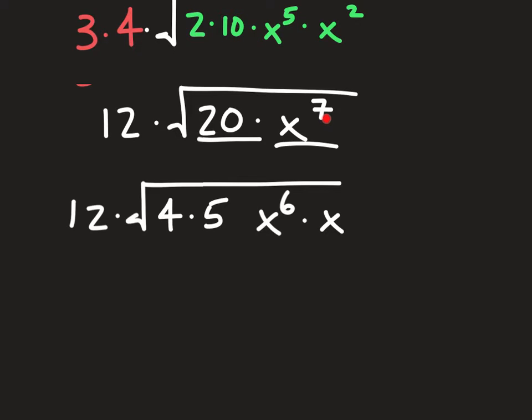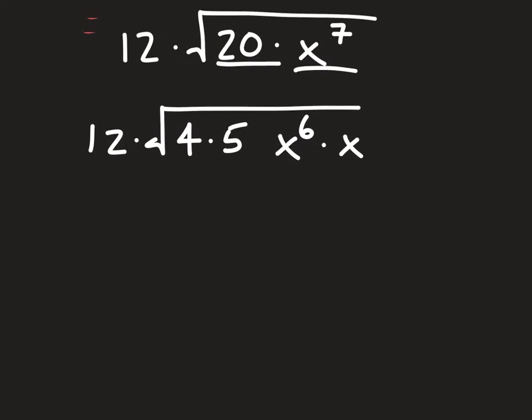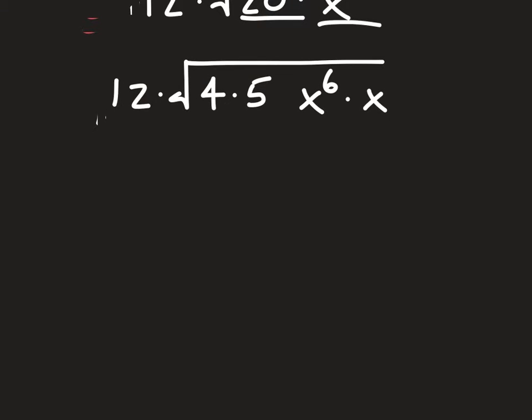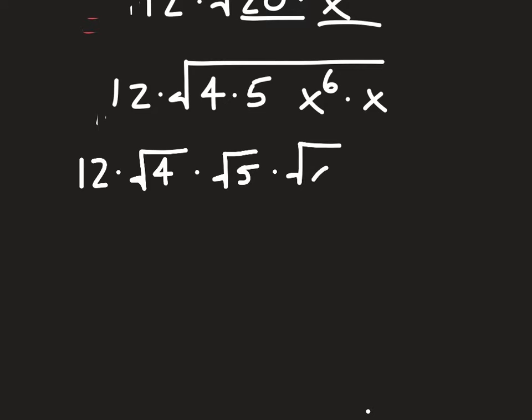And so at this point, you can look at these as all separate radicals, all right? We've got 12 times the square root of 4 times the square root of 5 times the square root of x to the sixth times the square root of x. Now, one question that's been asked to me is, isn't the square root of x just x?